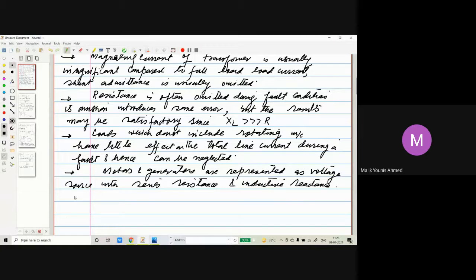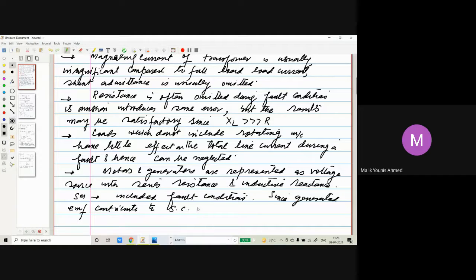So if we have a synchronous motor, SM, that has to be included during fault conditions, since we have generated EMF from the synchronous motor, and the generated EMF will contribute to the short circuit current. I will again repeat it.